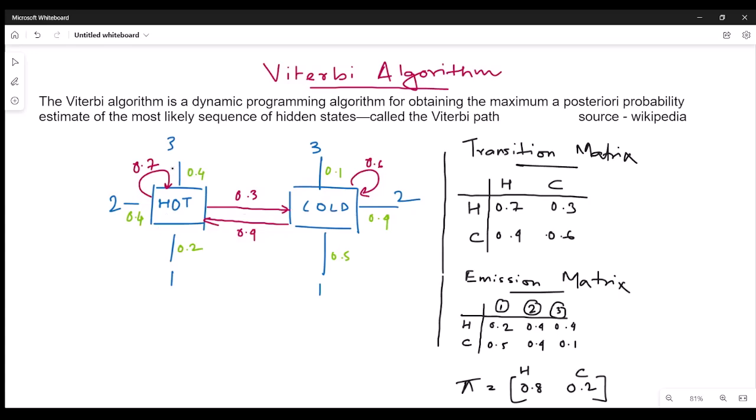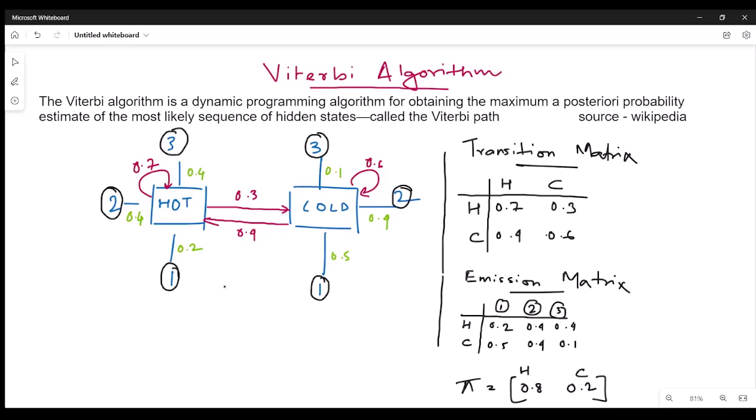These two weather conditions have three different units called emissions, marked as 3, 2 and 1. These emissions are called the observable states and the weather is called the hidden states. Similarly, for the weather cold, its observable states are again marked as 3, 2 and 1.